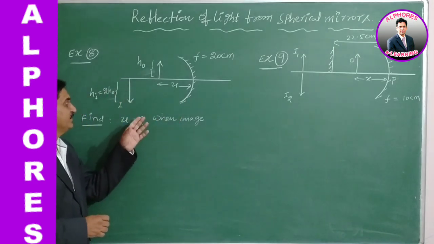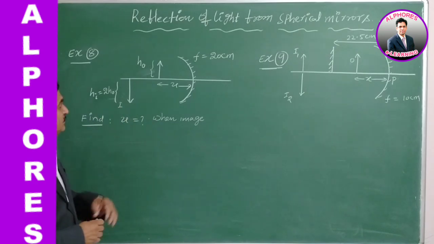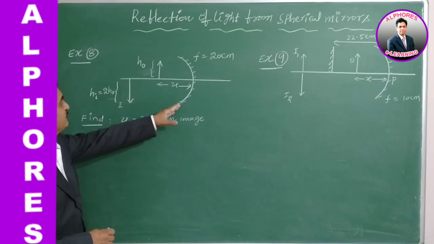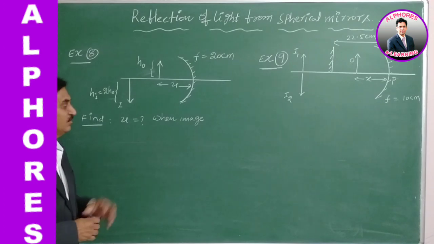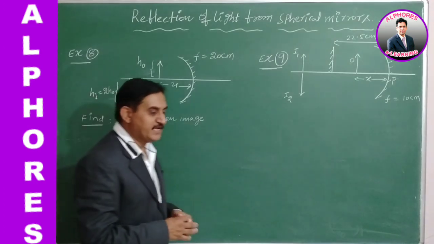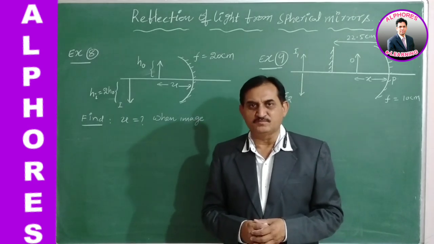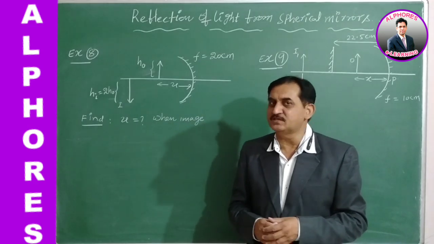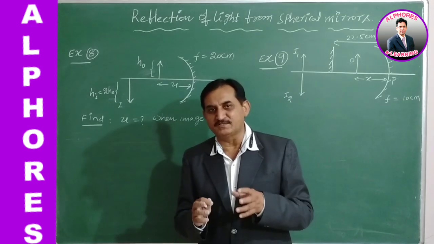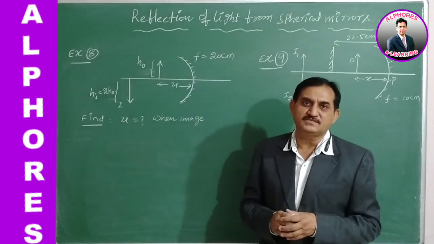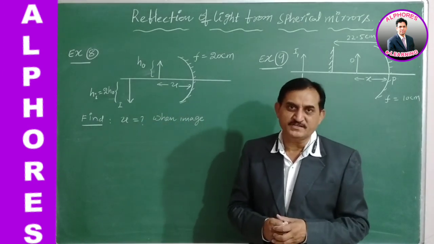Whenever the image formed is real, meaning the image is formed on the same side as the object, in this case the size of the image may be double the size of the object. Therefore, it is possible to get double the size of the image compared to the object.